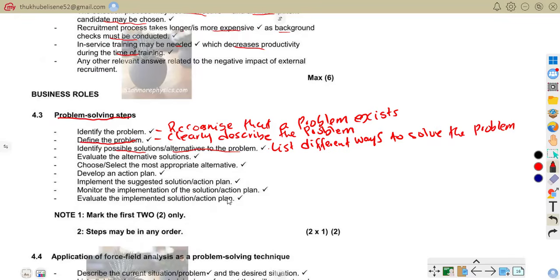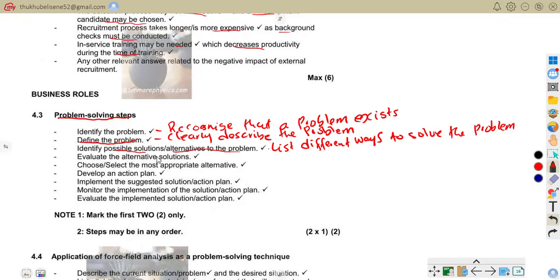For example, reduce prices or increase advertising. If your sales are declining, that is a problem. Try to reduce the price. If maybe the price is the problem, it's expensive and people cannot afford it, reducing it will increase your sales. Or you advertise so that potential customers become aware of your business.